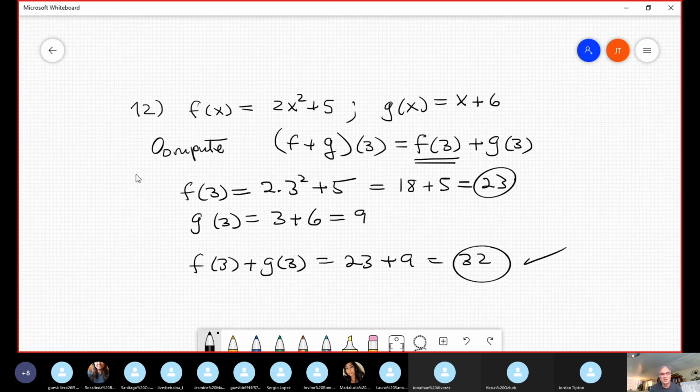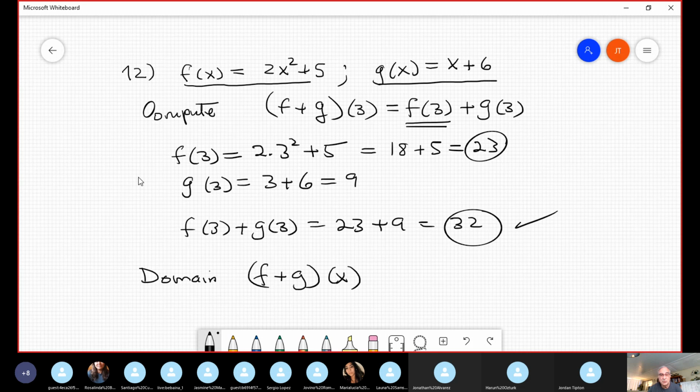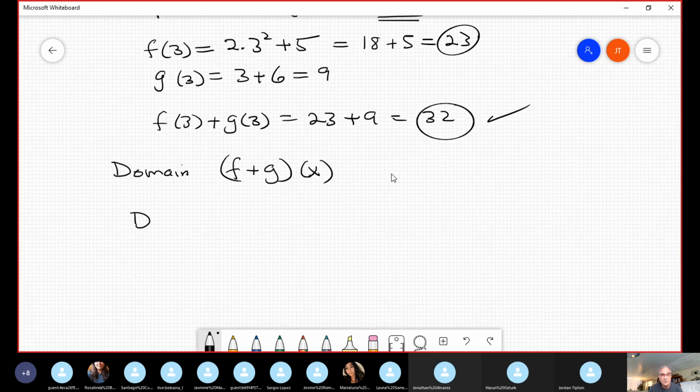No domain, no nothing, but okay. Suppose, out of curiosity, that the test asks you for the domain. What do you think about the domain of this? Not the original given function, the new one, f plus g. According to the definition, when you have a combination of functions, the domain is the domain of f intersection the domain of g.